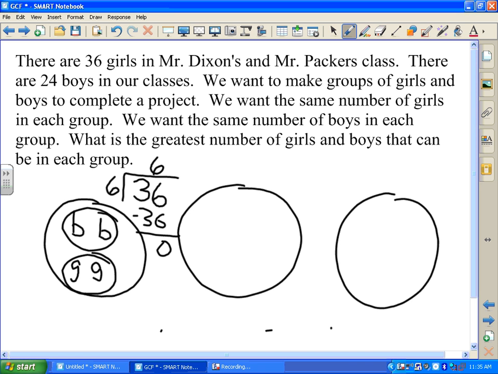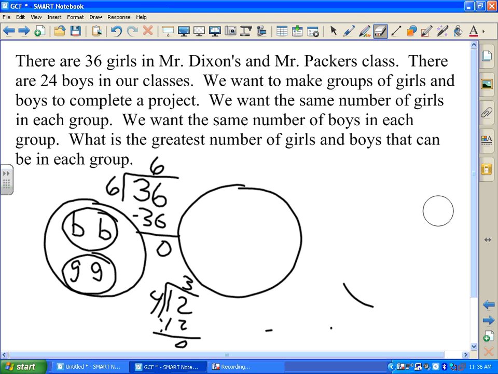So, if I looked at the number 12, let's say, and I divided it by 4, and I got 3 times 4 is 12, what did I just come up with for the number 12? 2 factors. And what are the 2 factors of 12 that I just came up with? 3 and 4. So here, it says, what is the greatest number of girls and boys that can be in each group?